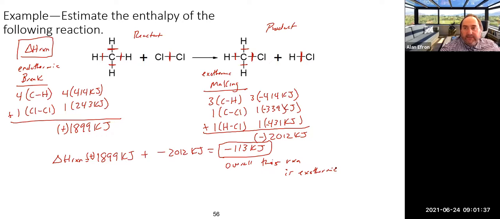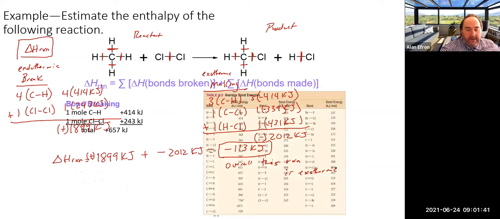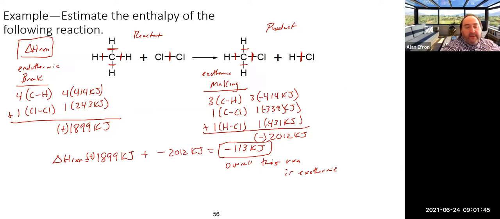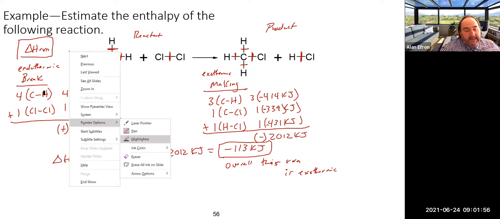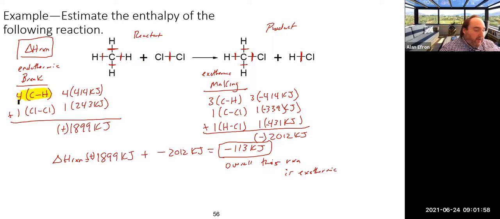And again, visually, I think that's what we got going on here. By the way, that's what they did in the background. Sometimes people will show this type of calculation. They'll go, well, we broke on this side 4 carbon hydrogen bonds and we made 3 carbon hydrogen bonds.